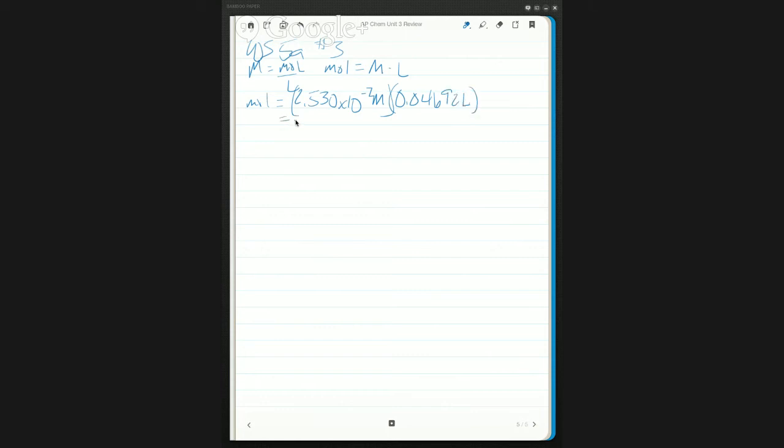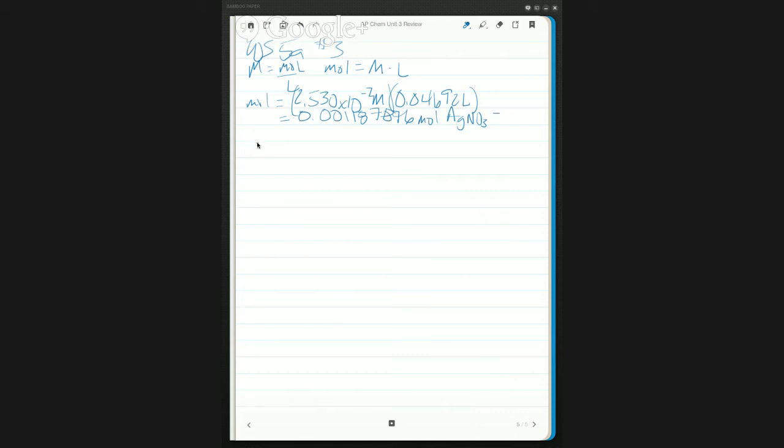So that makes that equal to 0.001187076. Excessive, but I don't have to round until the very end. Moles of AgNO3.